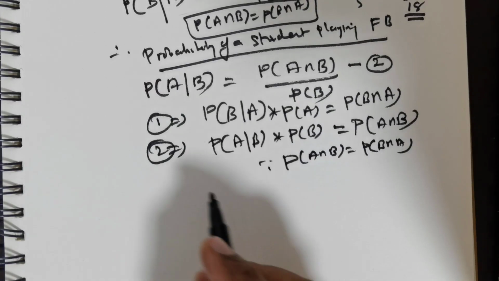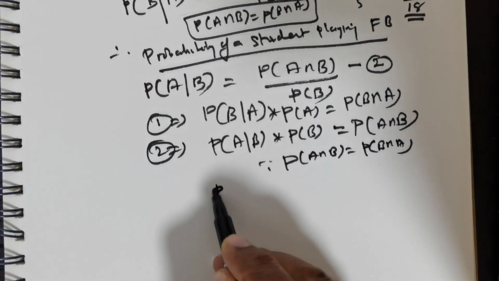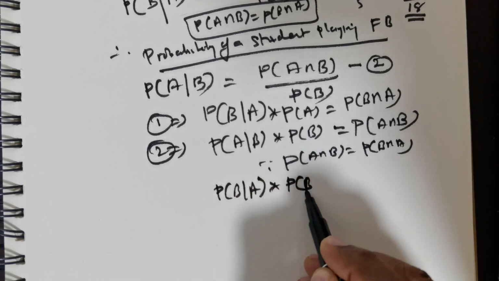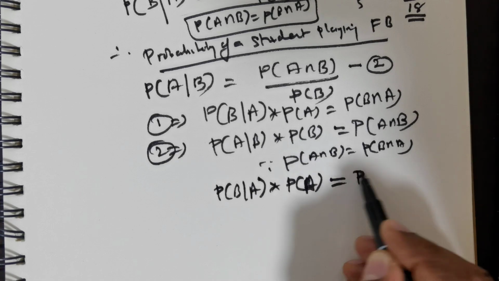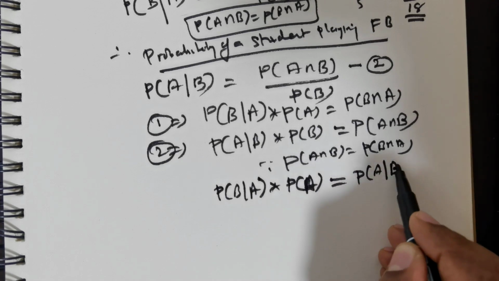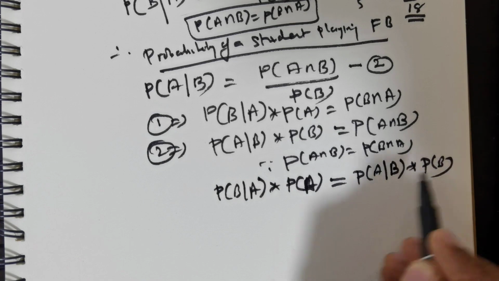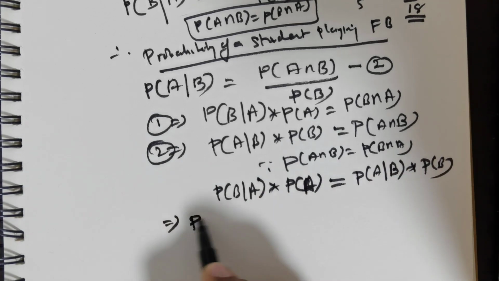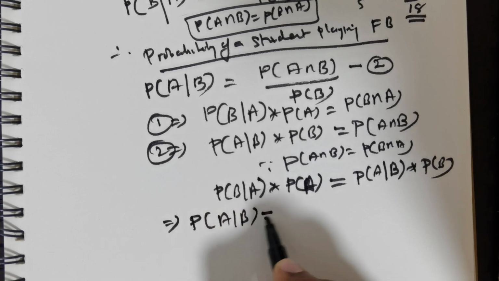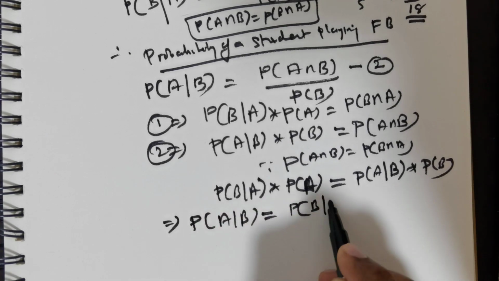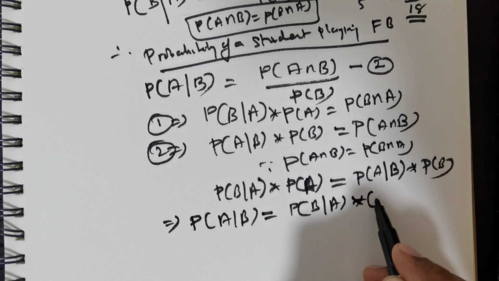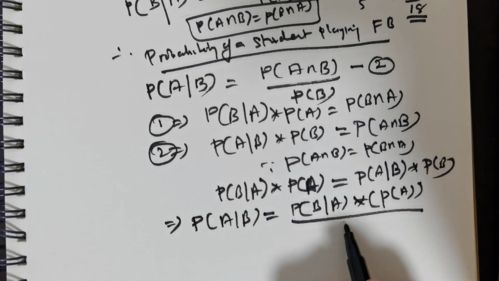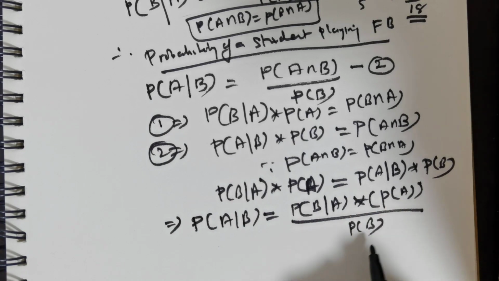So I have P of B given A times P of A is equal to P of A given B times P of B. Now from here, P of A given B is equal to P of B given A multiplied with P of A divided by P of B.